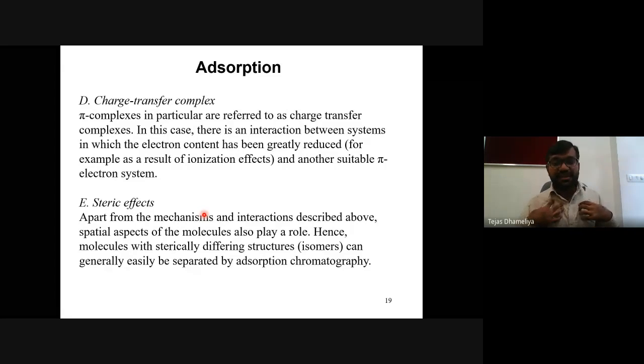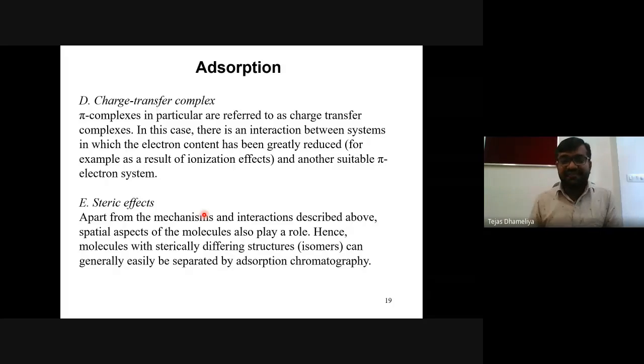Because of the mechanisms or interactions described above, the molecules can also show this kind of interaction. Just like humans have interactions, let me give you an example. For my name is Dr. Tejas Dhamelia, but I may be someone's father, brother, son, or maternal uncle.